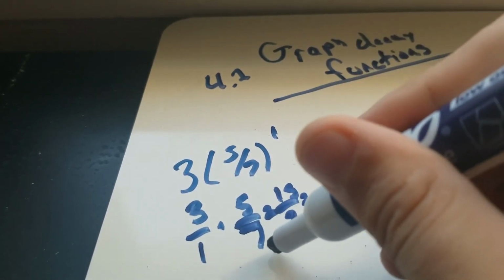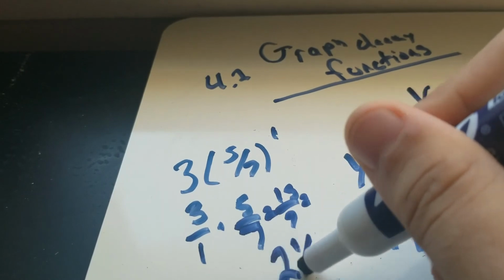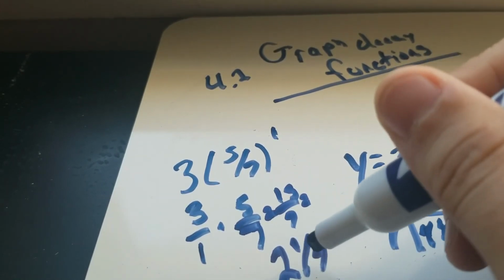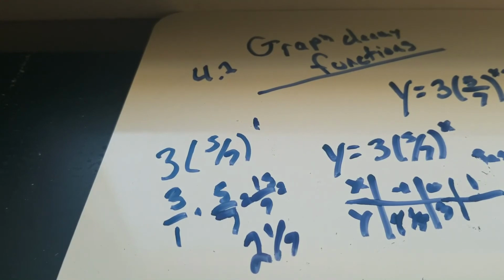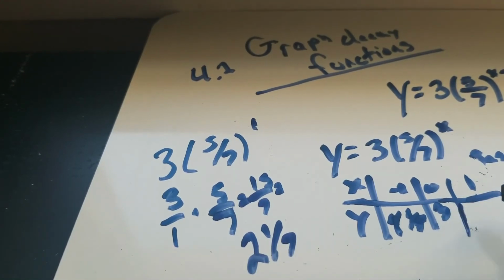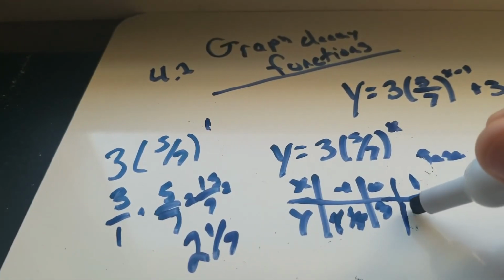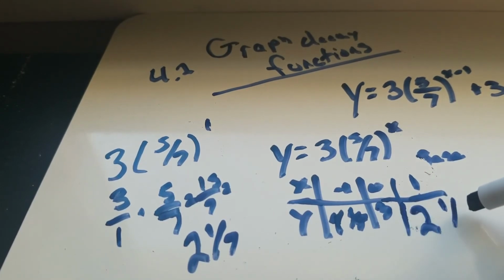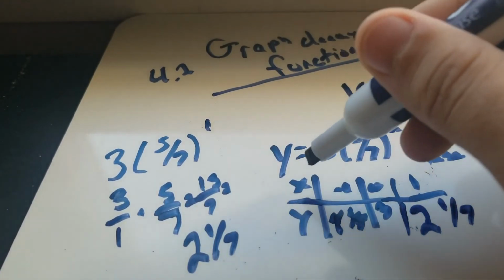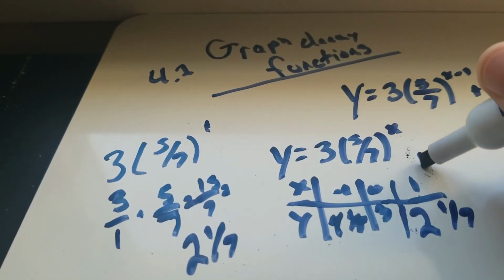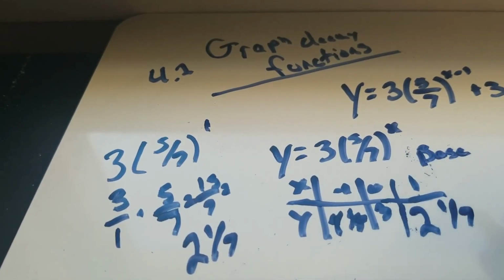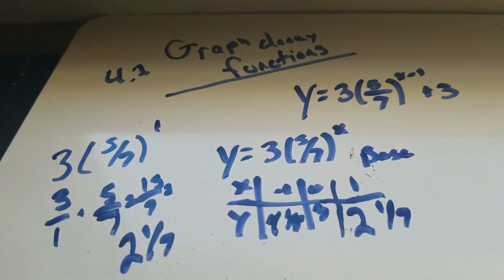If I were to rewrite that, it would be 2 and 1 over 7. Which, as a decimal, should be 2.14 and so on. So over here, it's going to be 2 and 1 over 7. That is my base form. And this, I would say, is the hardest part of this question. Definitely finding the base form.